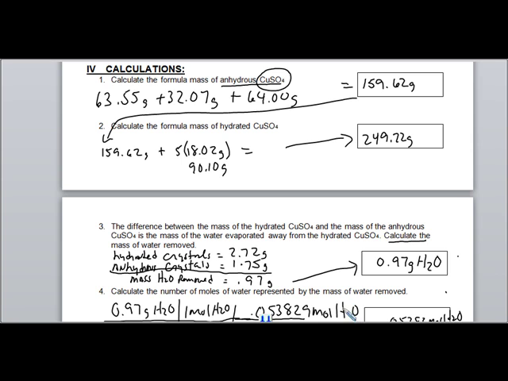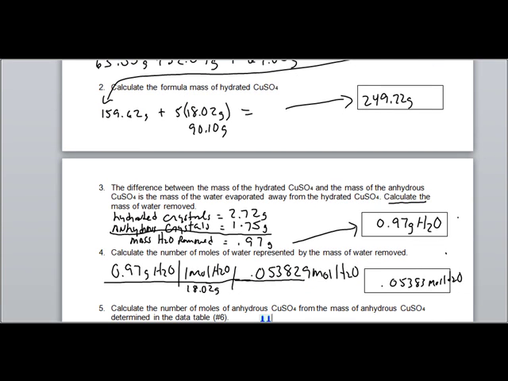Now, you could at this stage calculate percentage if you wanted to, but in this particular procedure, we're going to get to that in a second, okay? So now it says take this mass of water and convert it to moles of water. Everybody understands? There's no problem there, right? You're going to take the mass of water, and multiply it by 1 mole of water per 18.02 grams per mole, for water.